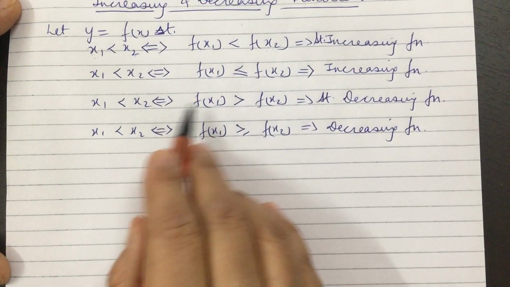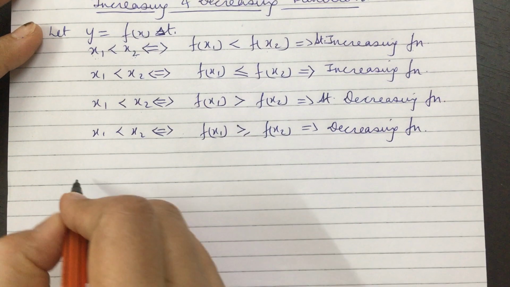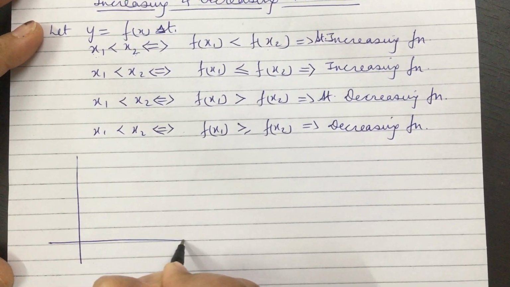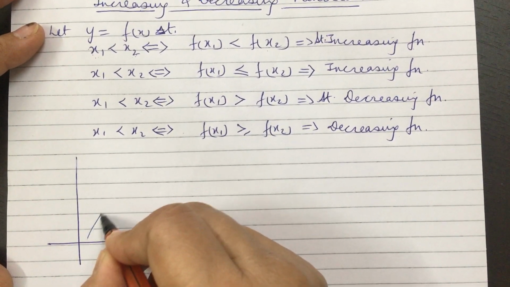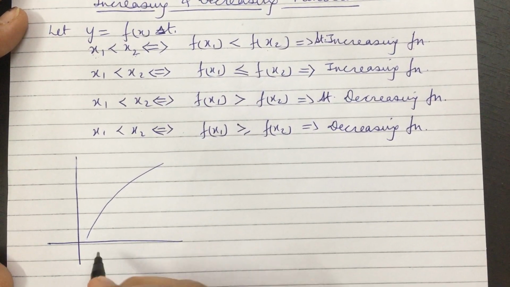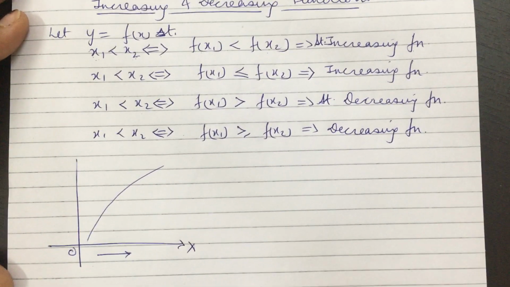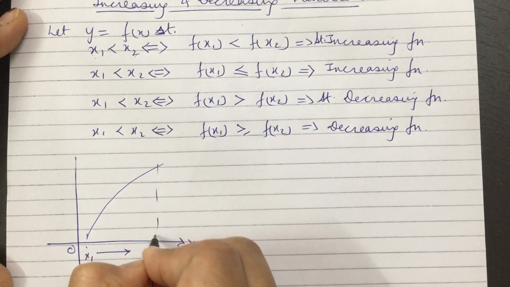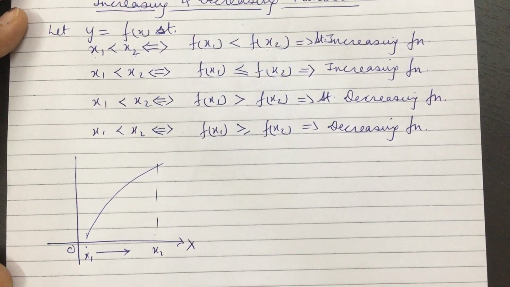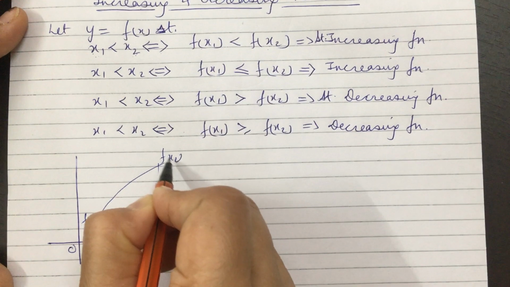Now what exactly do we mean when we write all this? Let's consider any function y equal to f(x) having a graph something like this. As you move from left to right along the x-axis, suppose x1 is here and x2 is here, you can see that this is f(x1) and this is f(x2).